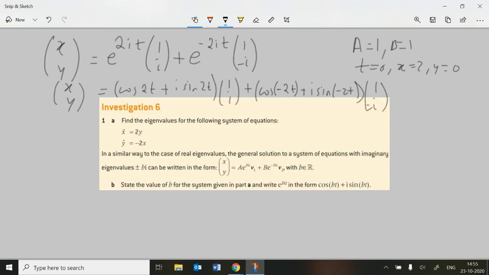Okay, so now we can think of values of t to find our positions.